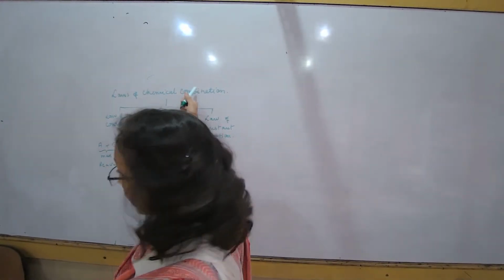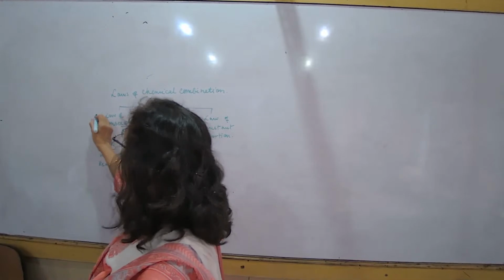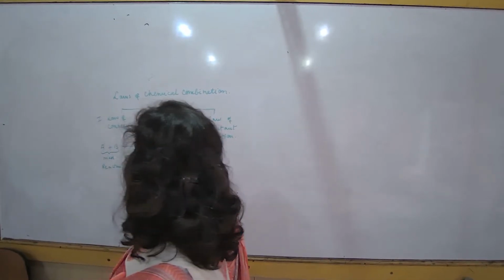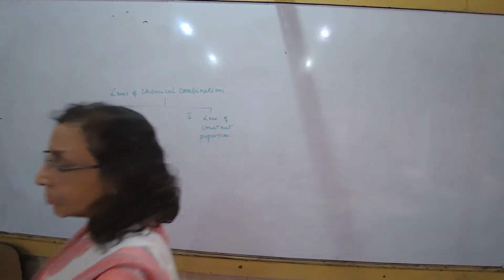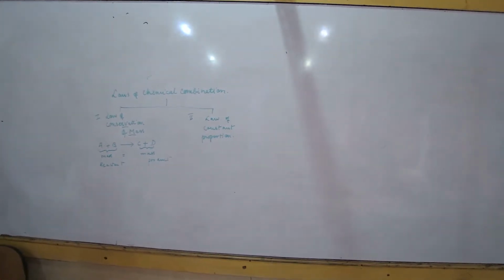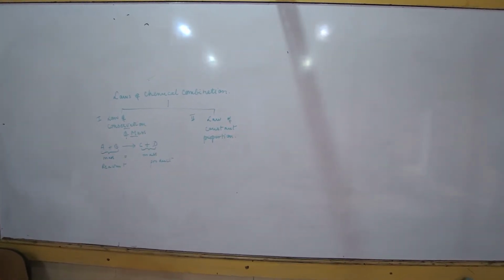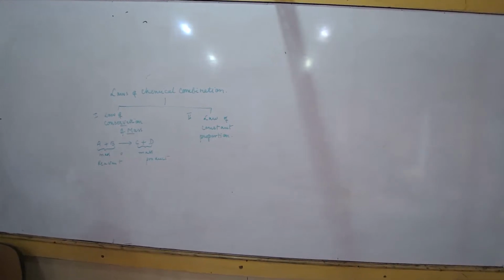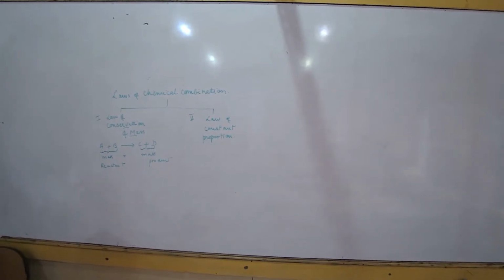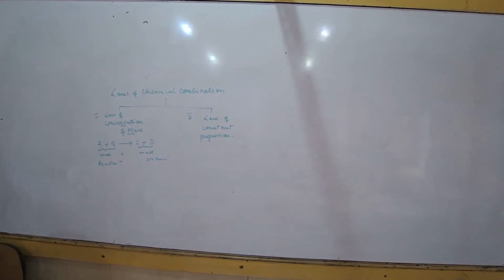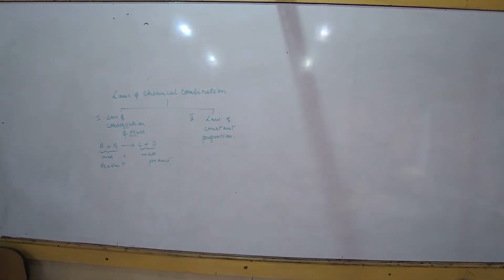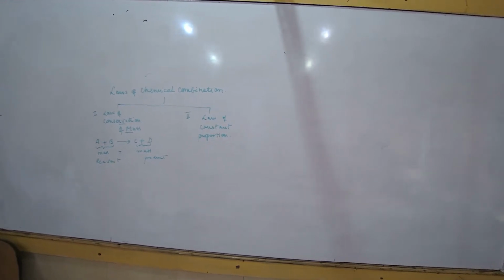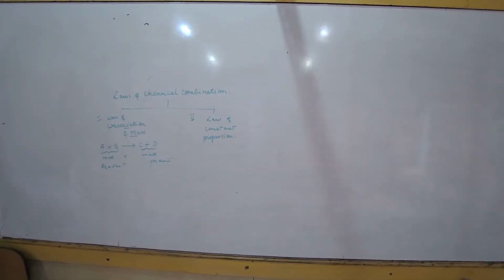Law of chemical combination, there are two laws. This is the first law, this is the second law. Both the laws together are called the laws of chemical combination. What have you written? What is this law called?